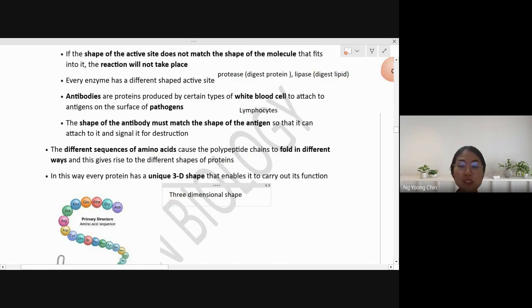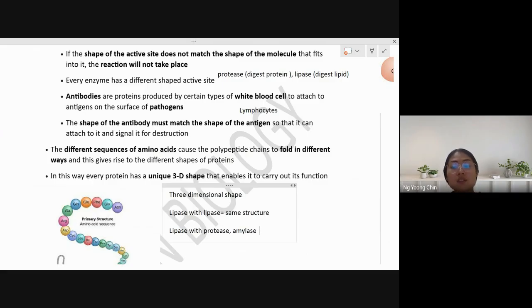Okay, so for example, if you compare one lipase with another lipase, they have the same structure. But if you compare lipase with protease or amylase, do they have the same structure or a different structure? Same or different?